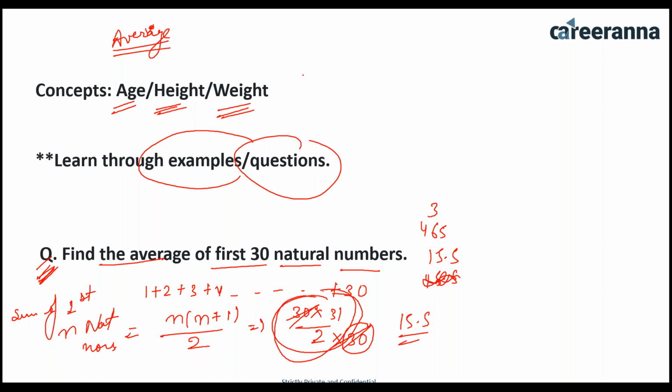Okay, so you just have to understand one thing. So what is the average here? Guys, can you please tell me? N is the number of terms. In this case, N is 30. If someone asks you to calculate the sum of first 10 natural numbers, then n will be 10. Is it clear? Okay, how do you do this? 1, 2, 3, 4, 5. If I add 6 here, what will be the value? 3.5.